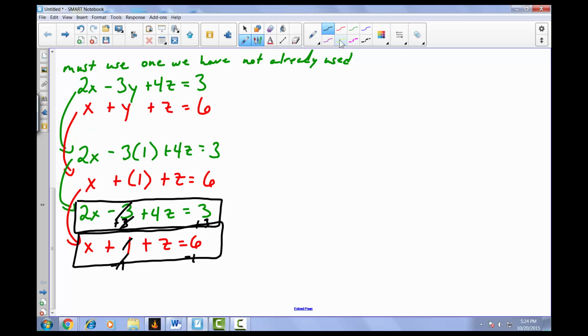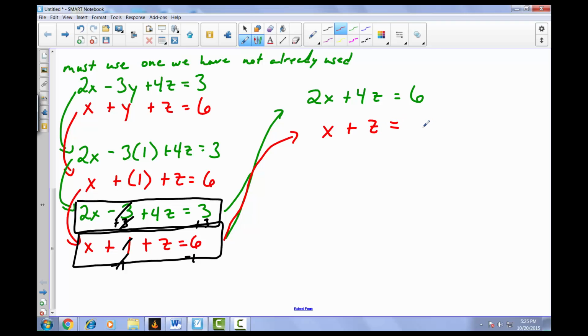For our green one, it comes out to be 2x plus 4z is equal to 6. For our red one, it comes out to be x plus z is equal to 5.